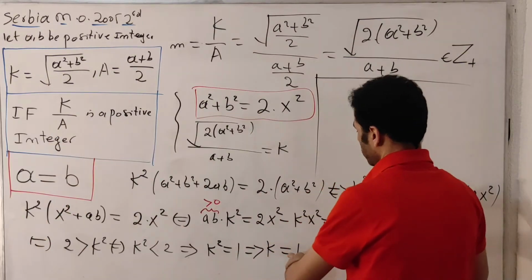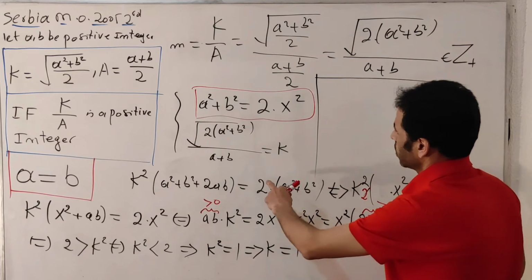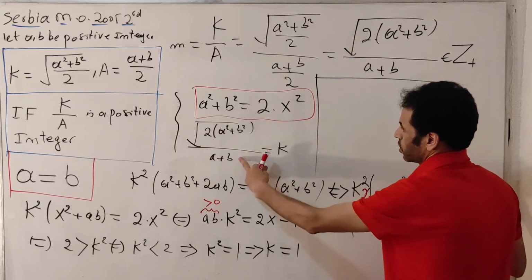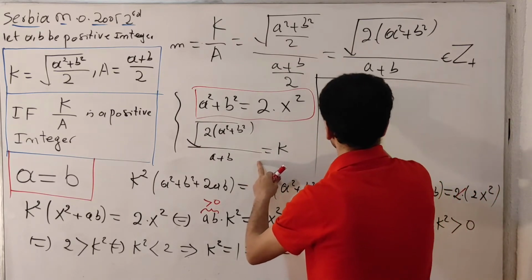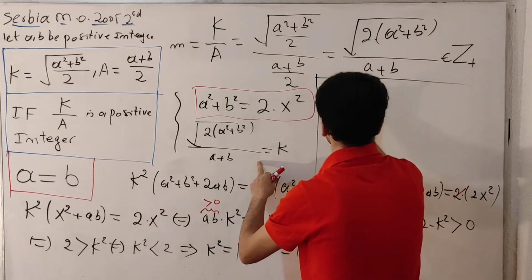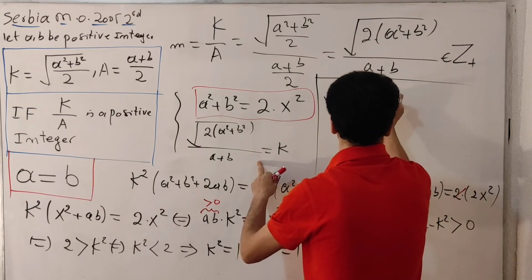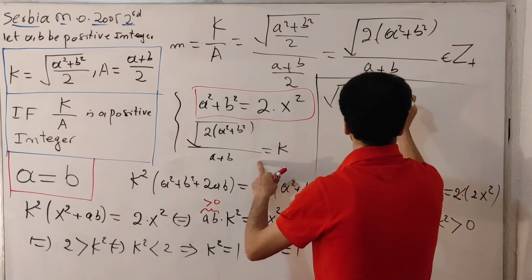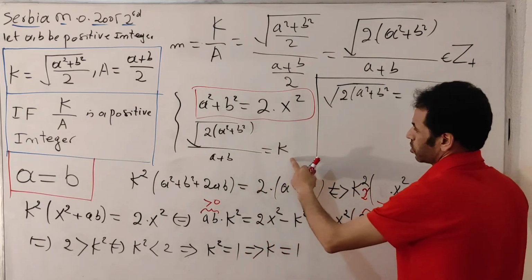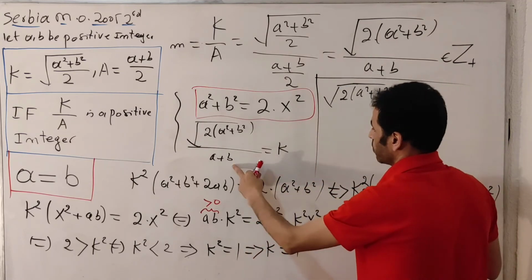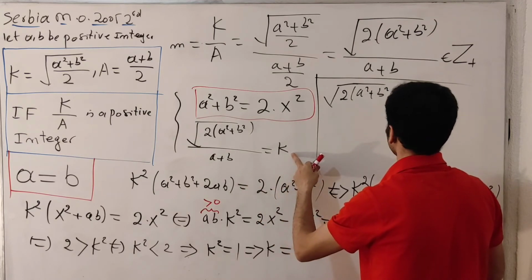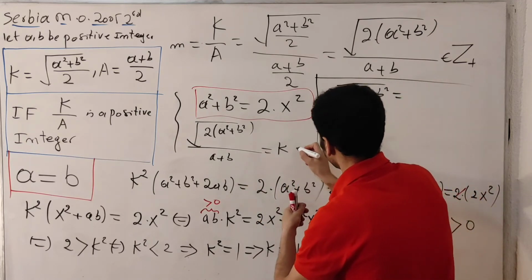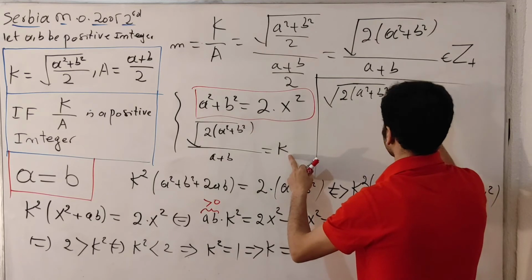Okay, since I found the value of k equals 1, I'm going to insert k into the second equation to see what it gives us. I will have the expression square root of 2 multiplied by (a square plus b square). By multiplying this term by this term, we'll have (a plus b) multiplied by 1, because k is replaced with number 1.